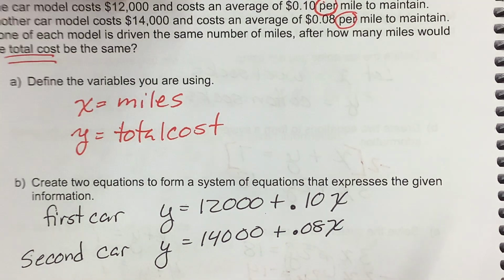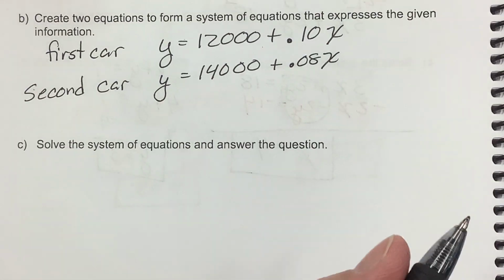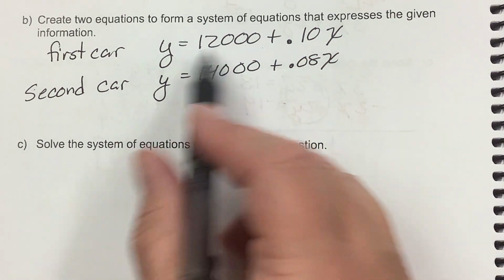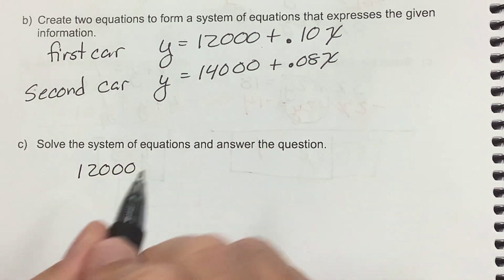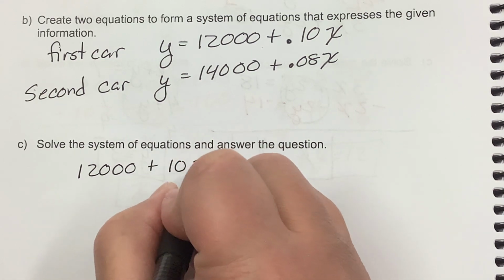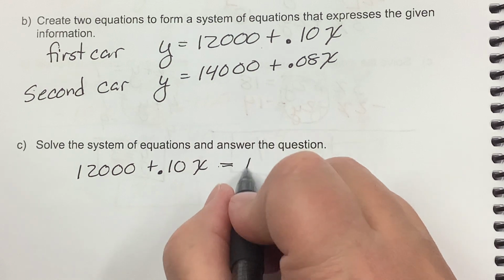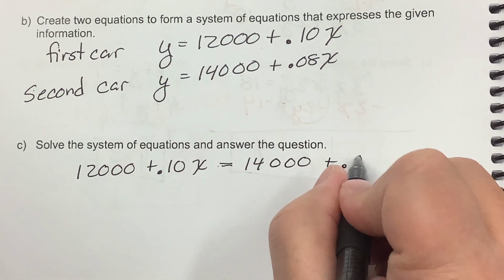All right. Now, those are both equal to Y. What does that mean? When they're both equal to the same variable, they're equal to each other. So, let's see. 12,000 plus 10 cents per mile, put the decimal in the right spot, is going to be equal to 14,000 plus 8 cents per mile.